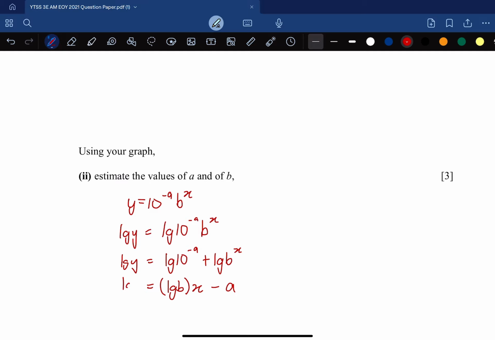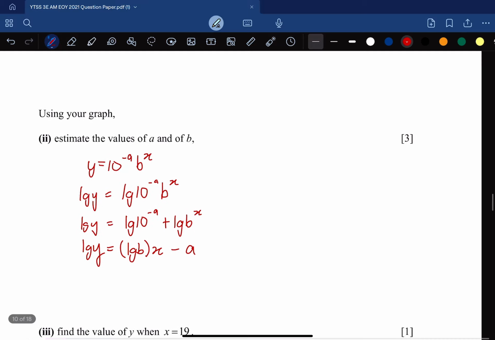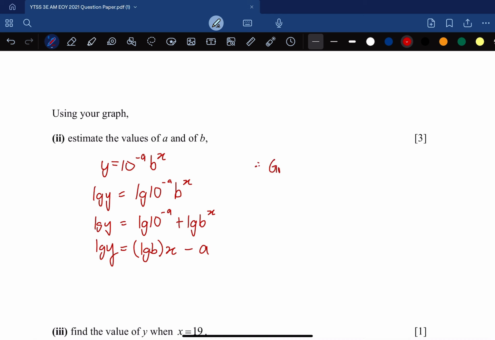Therefore this tells us that the gradient equals log b, and this log b can be calculated using the gradient of your graph. Based on the projected ideal answer, your gradient should be 0.08. Therefore b will be equal to 10 power 0.08.